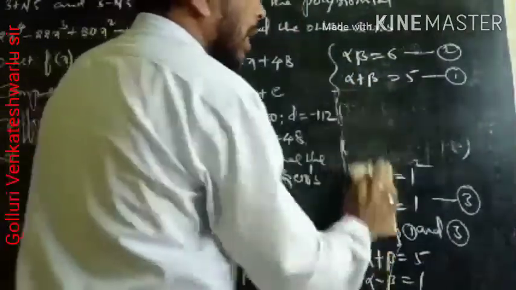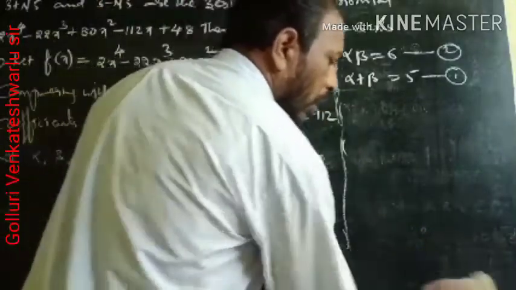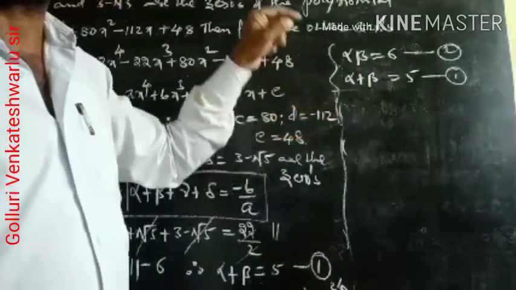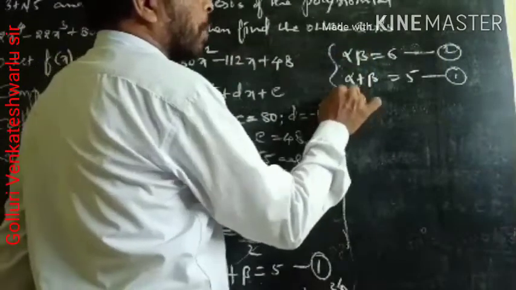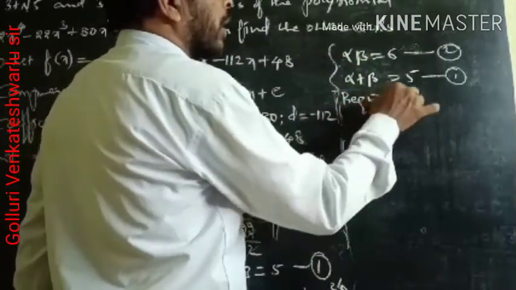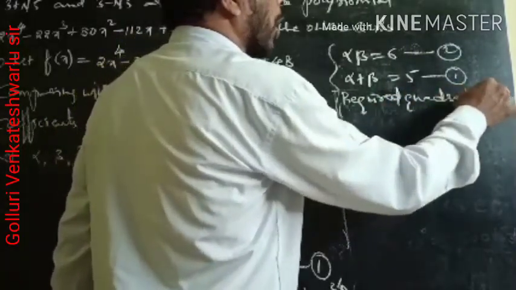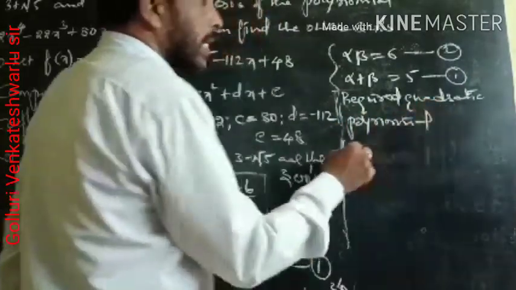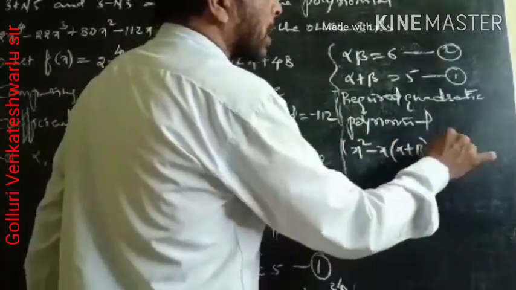Here in this third case, we already know that if the sum of zeros and product of zeros is given, then we have a quadratic polynomial. The required quadratic polynomial is x square minus x into sum of zeros plus product of zeros.